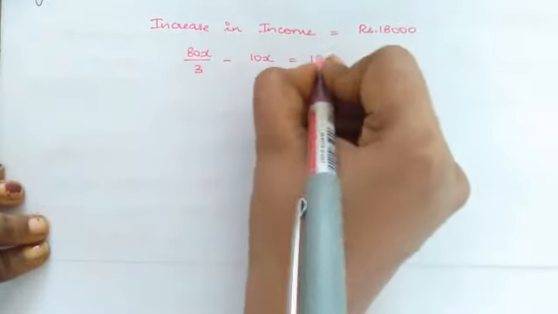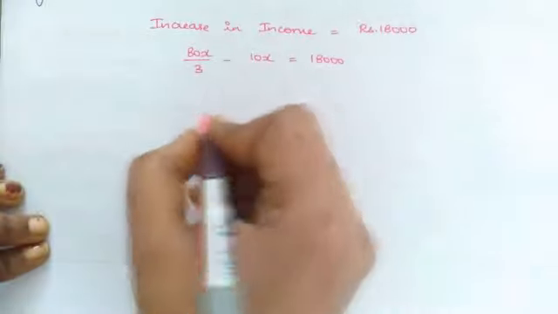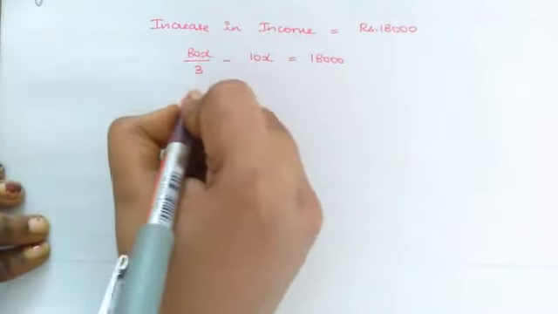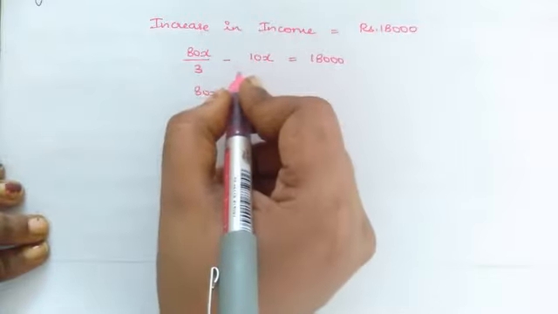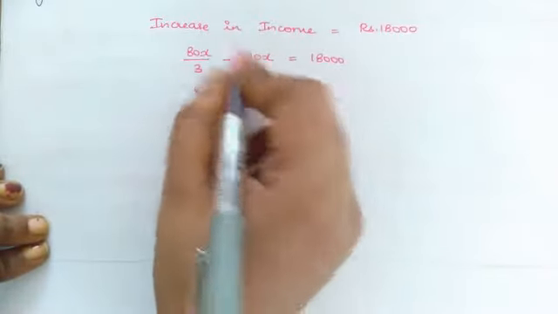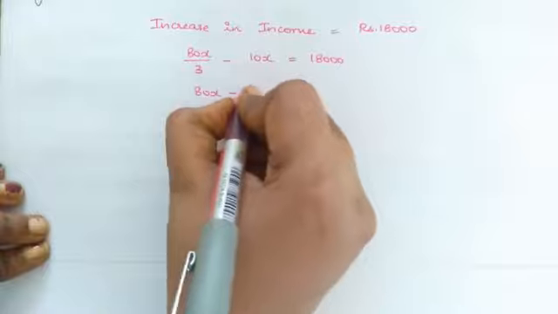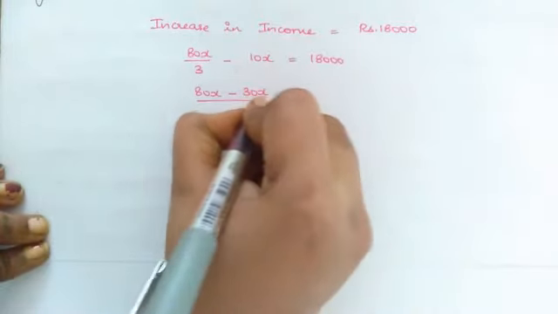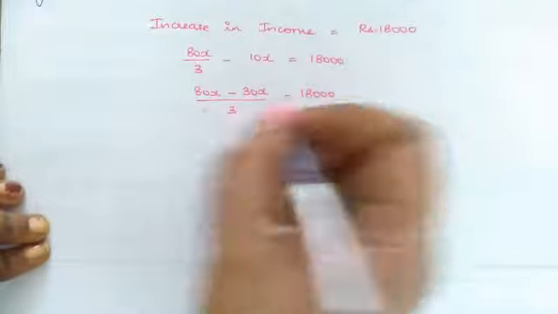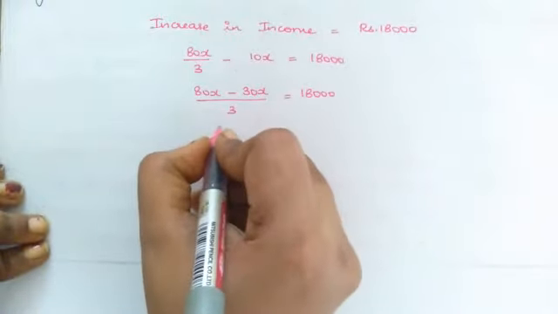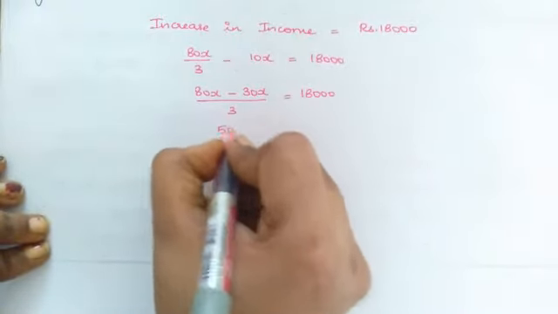So the difference is 18,000. Let's solve it. Let's take this 80x by 3 to the opposite side in order to make the denominator the same for these two. So this will be 3 into 10x, 30x, common denominator 3, which is equal to 18,000. Now 80x minus 30x will be 50x.